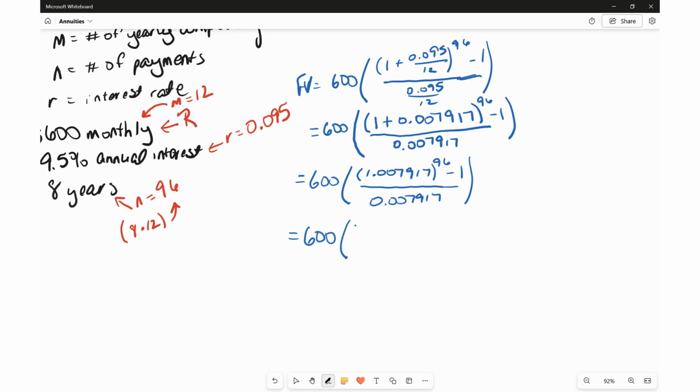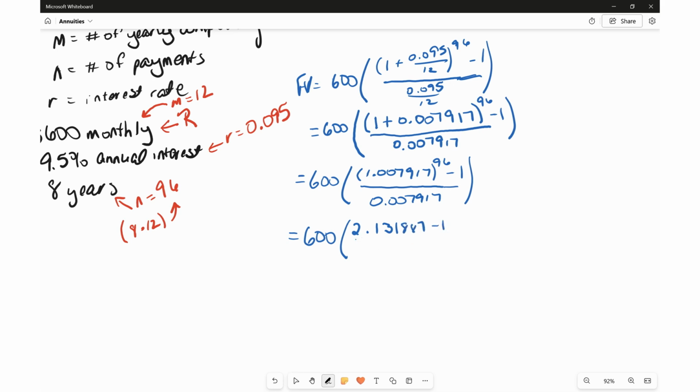And this is going to give me 2.131, let's see, I had done 6 decimal places. So let's keep it out to 6 decimal places.